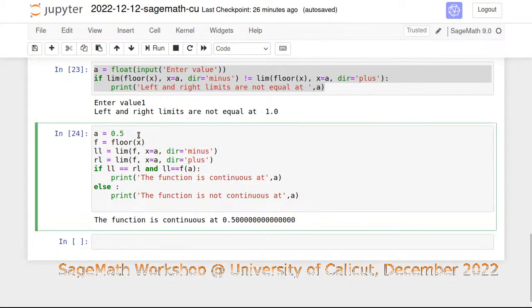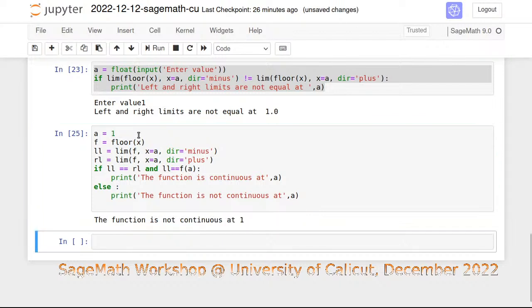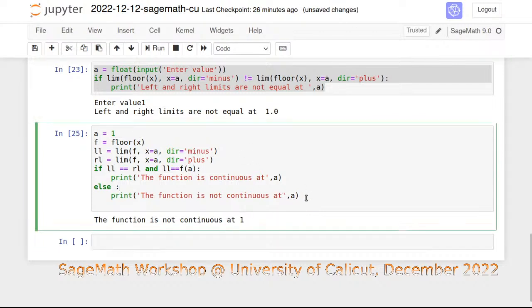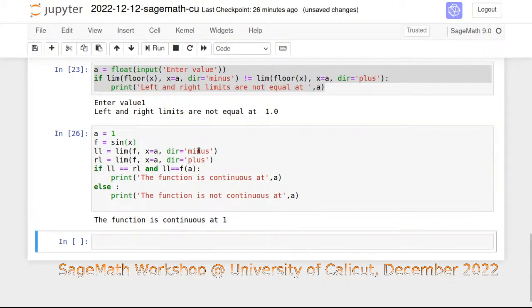Which says the function is continuous at a because... it's not continuous. This is a small program, and if we change this to sine, the function is continuous at this point. Yes, it's continuous, which is the point we are taking.